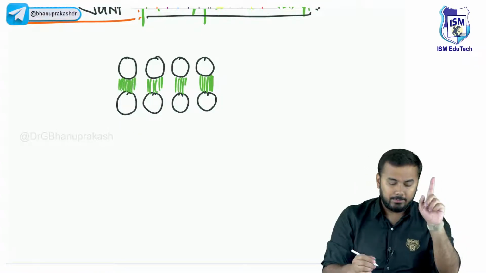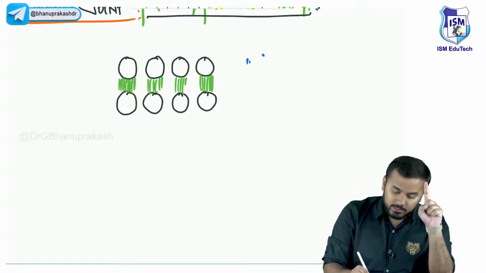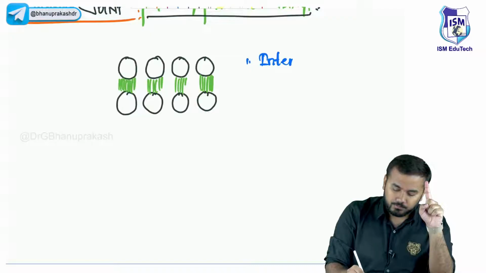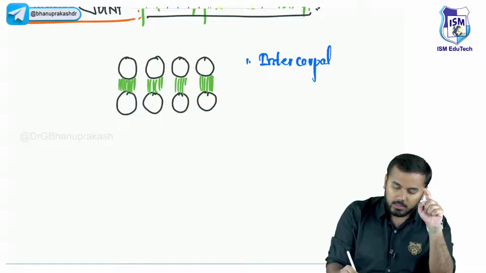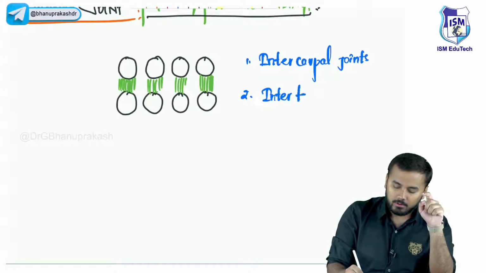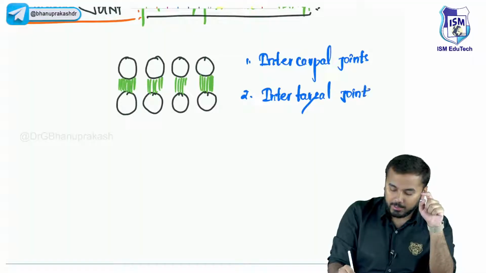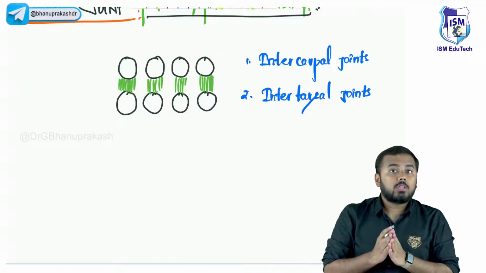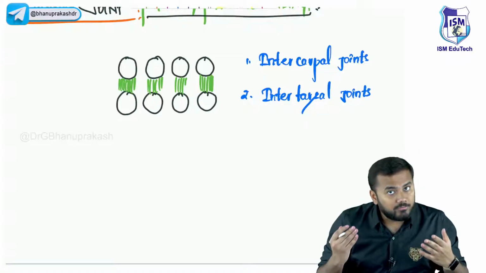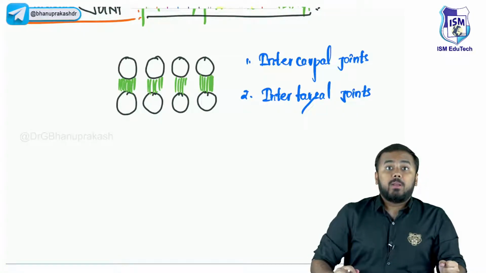Right now you need to remember just 2 examples: one is intercarpal joints, and the second is intertarsal joints. Both of them are planar joints.